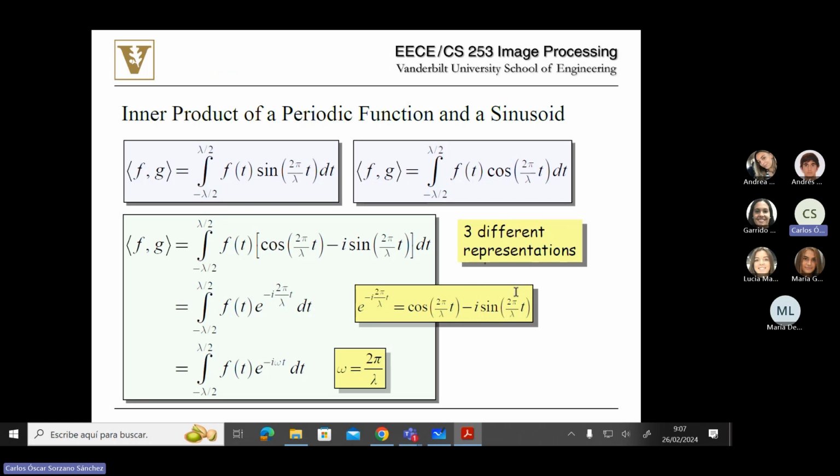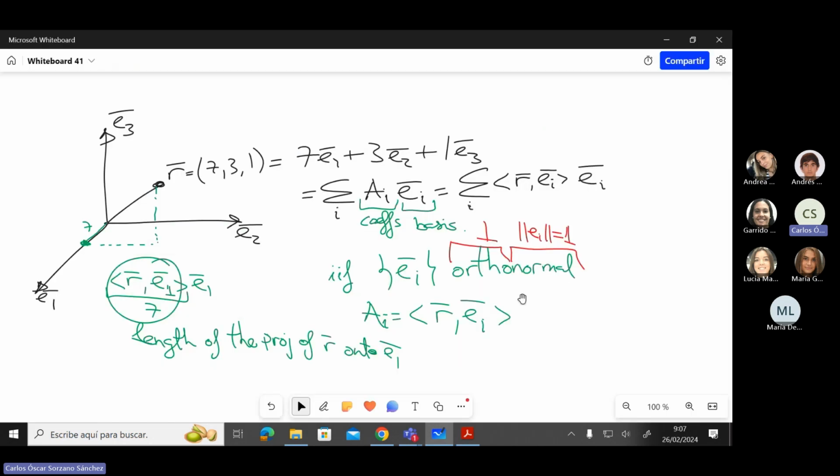And then we have our Fourier transform. I will not comment on all of them. You have similar derivations in previous courses about signals. So I will concentrate on this one, that I think is the simplest one. Okay, so which is my basis for the Fourier transform?